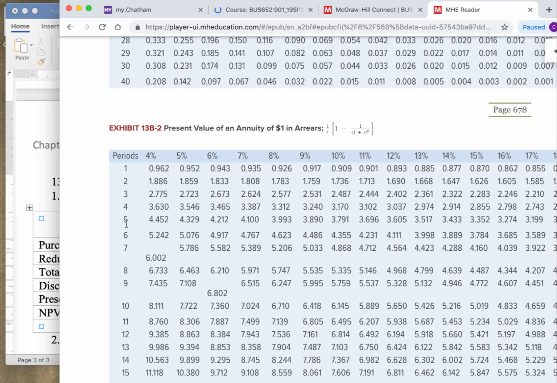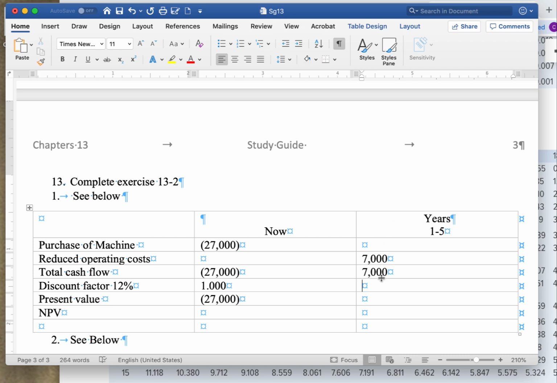So 5 years at 12% gives me 3.605. That's my factor, so I'm going to type it in. There we go. Now I'm going to multiply my $7,000 times my discount factor of 3.605, and I end up with 25,235.